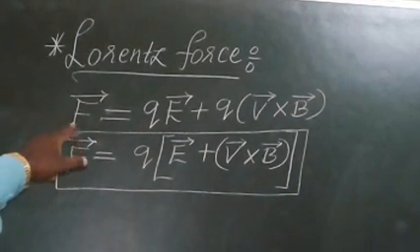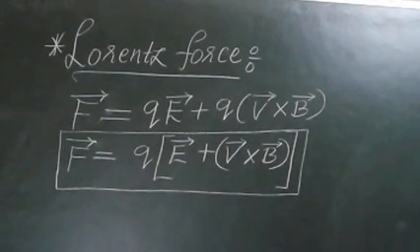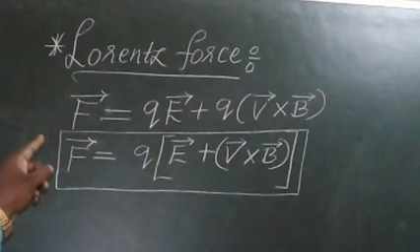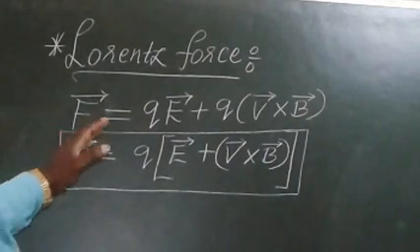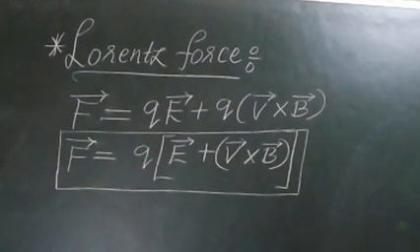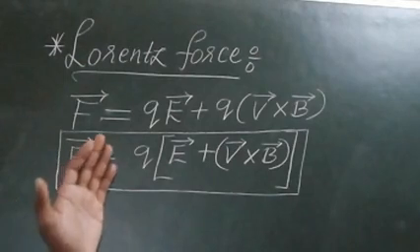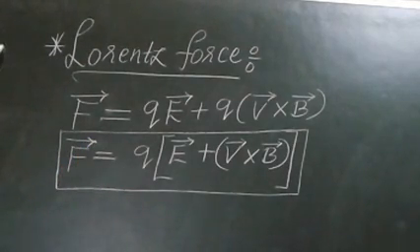F equals, electric force is QE. Q is electric charge, E is electric field. Plus magnetic force is Q into V cross B, where Q is electric charge, V is velocity of the charged particle and B is the magnetic field.